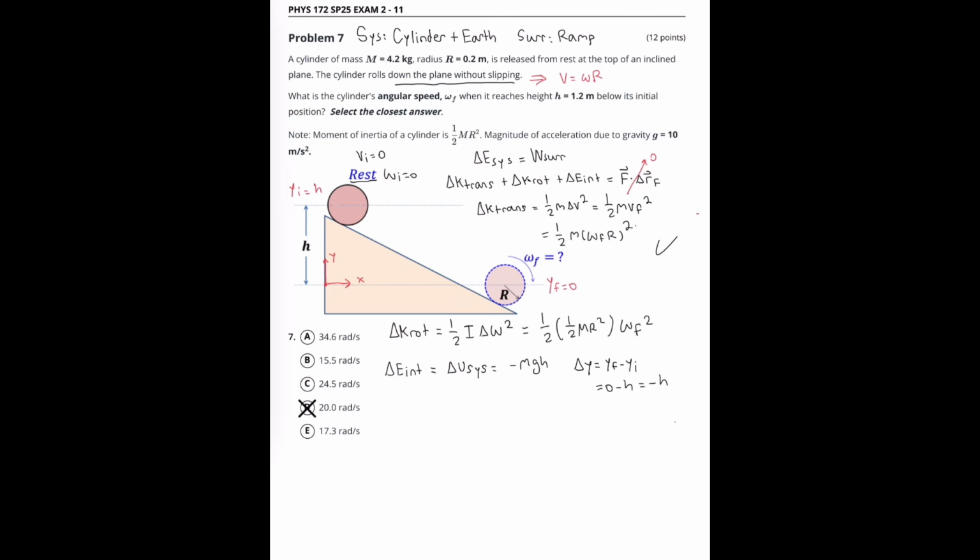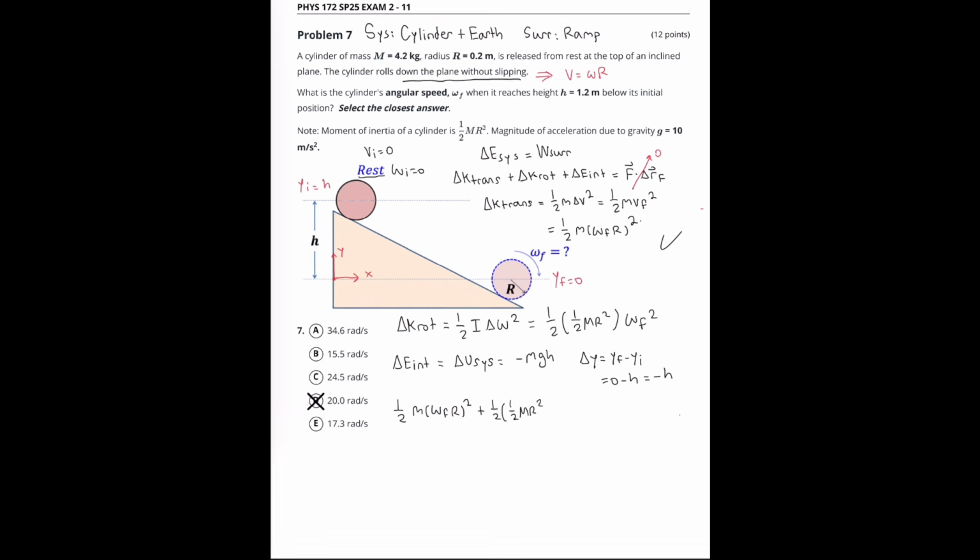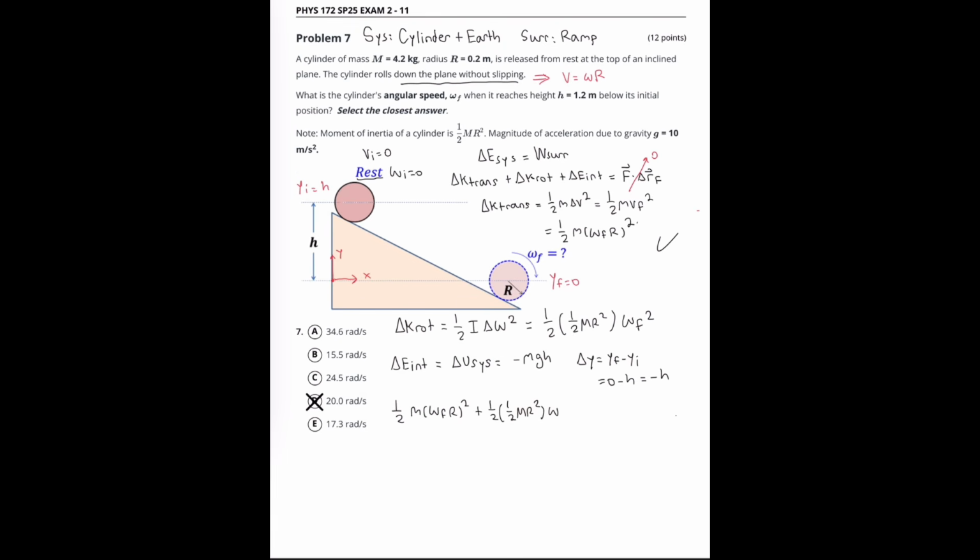Now that we have that, we can plug that back into our energy principle equation. So we have 1/2 times m omega final r squared plus 1/2 times 1/2 mr squared times omega f squared is equal to mgh if we move it to the other side.